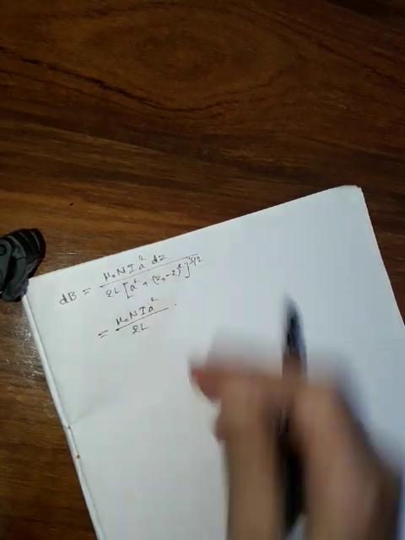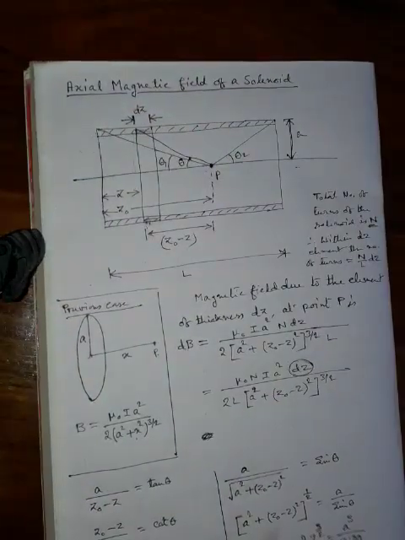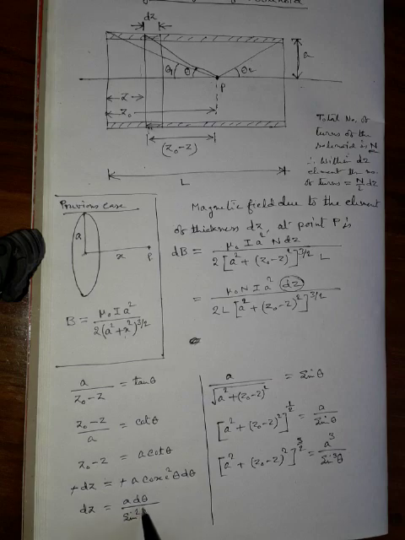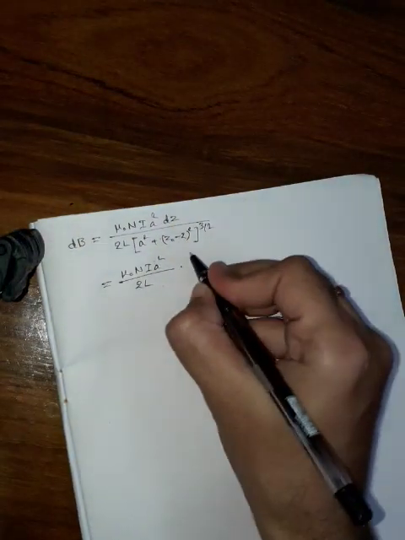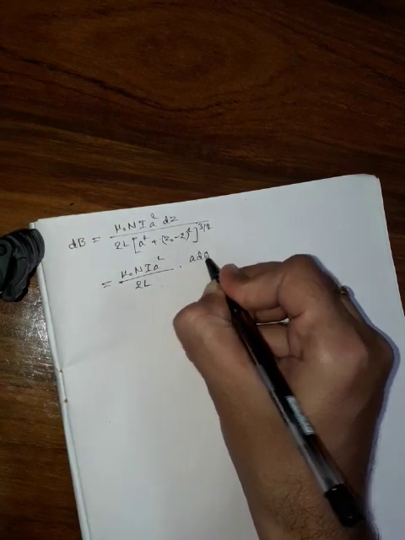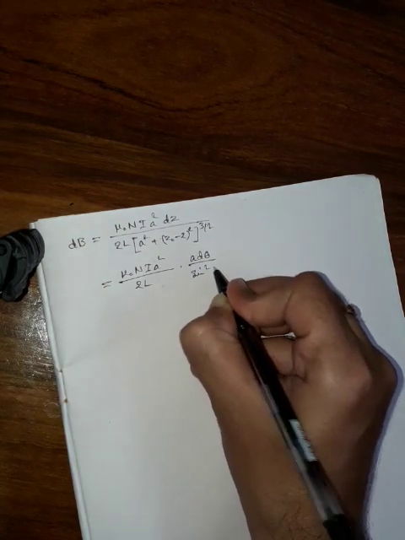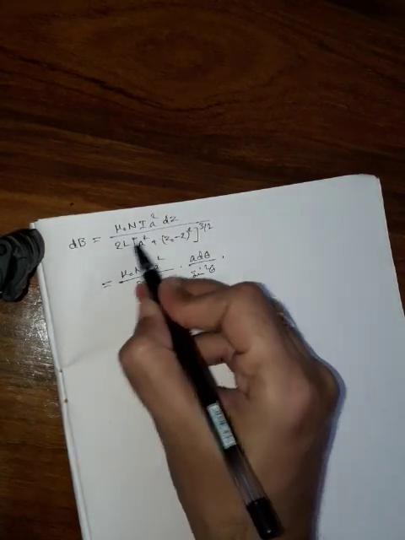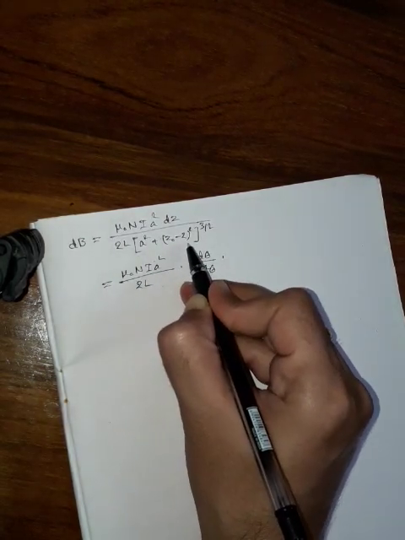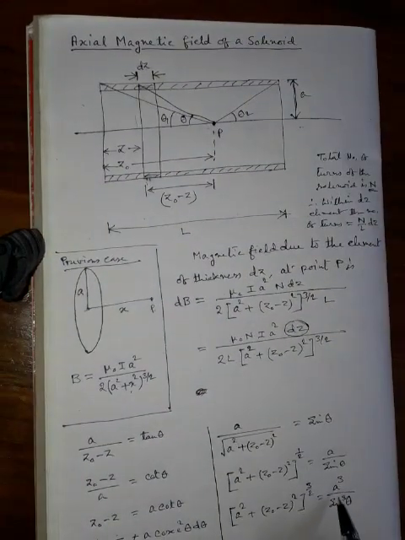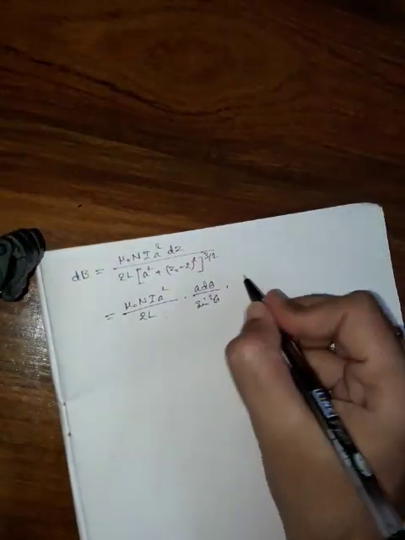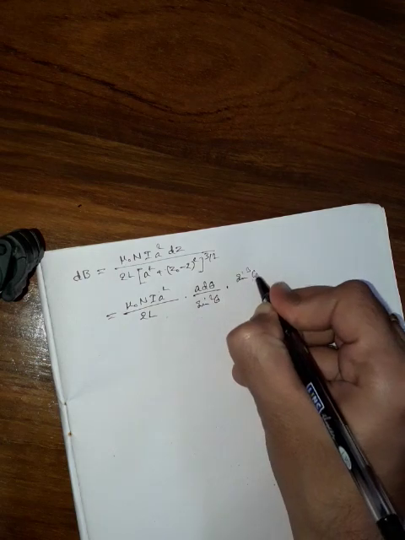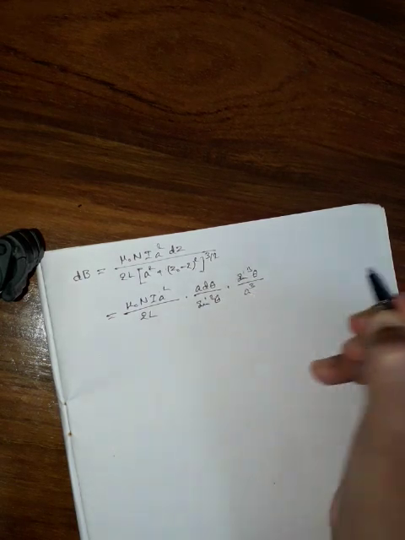For this dz we already have found the expression a d theta by sine square theta. Now write down here a d theta by sine square theta into, for this term, a square plus z0 minus z whole square whole to the 3 by 2 term, we have already found a cube by sine cube theta. So write down here sine cube theta by a cube.